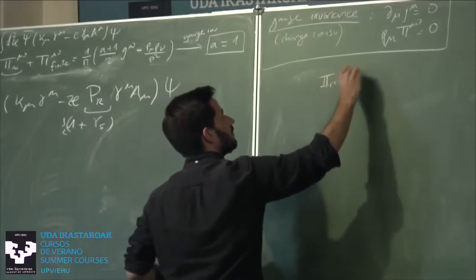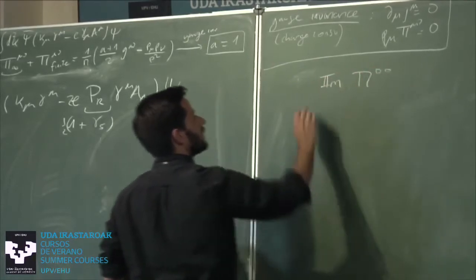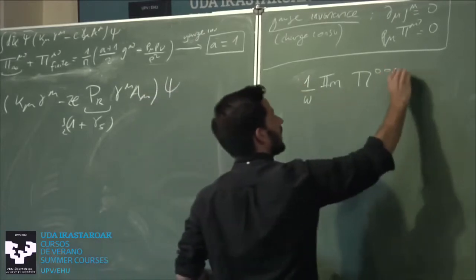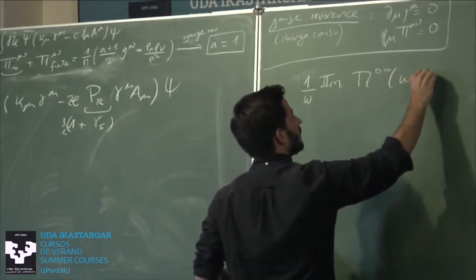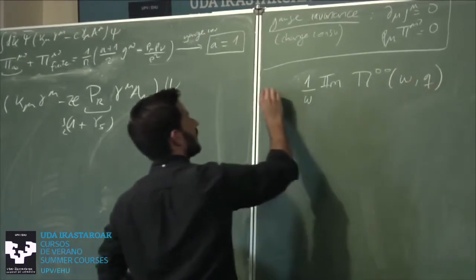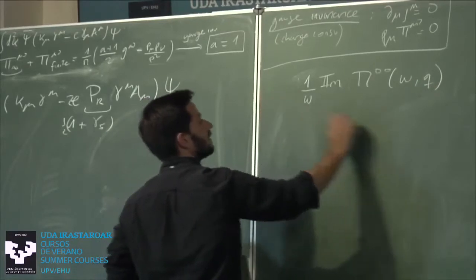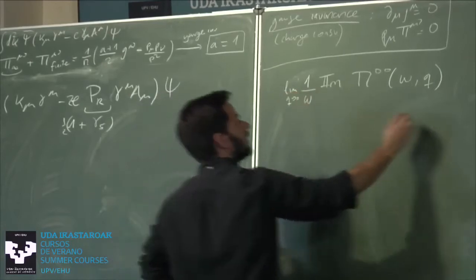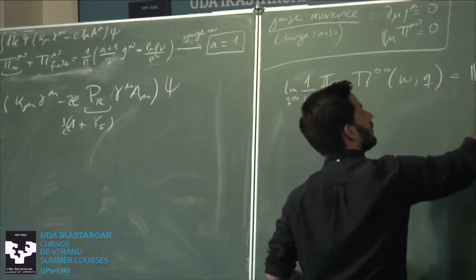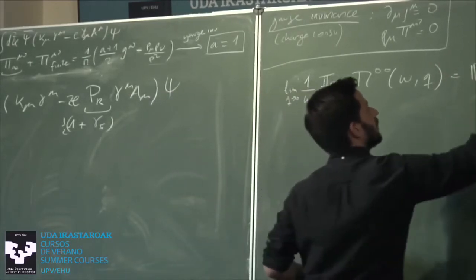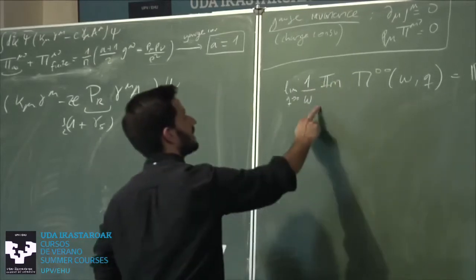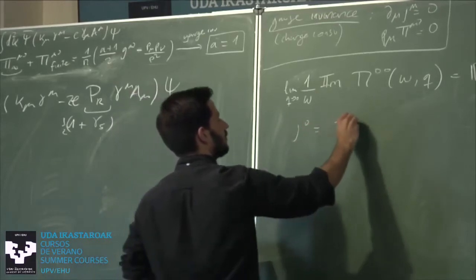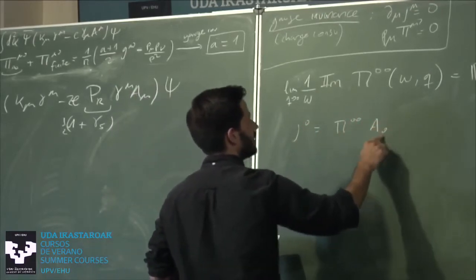The imaginary part of the zero component over omega, as q goes to 0, is the real part of the conductivity, some function of frequency. So it's like J0, J0, E0.